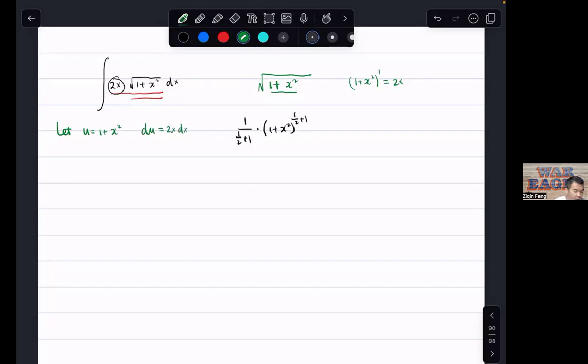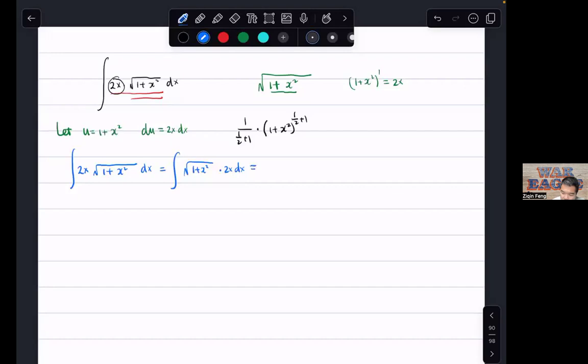So in this case, we can rewrite our integration 2x square root of 1 plus x squared dx as integration square root 1 plus x squared times 2x dx. Now we substitute this u in our integral.